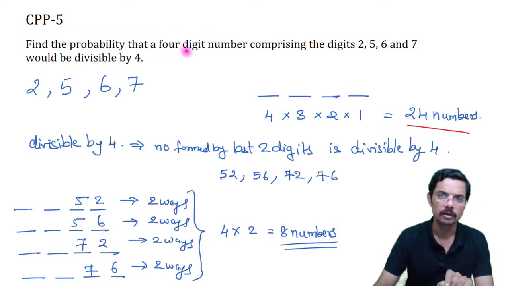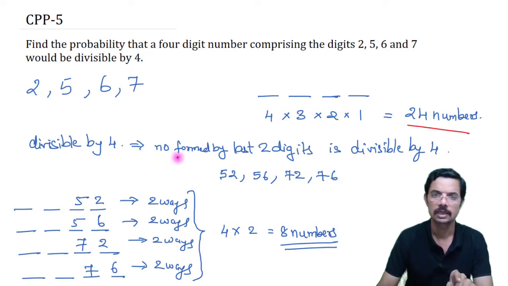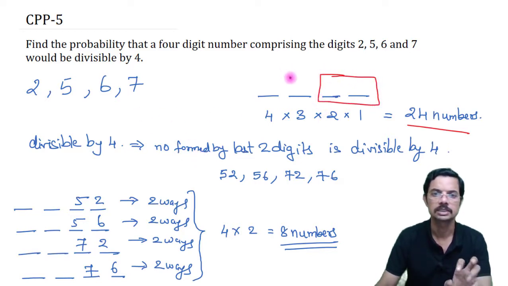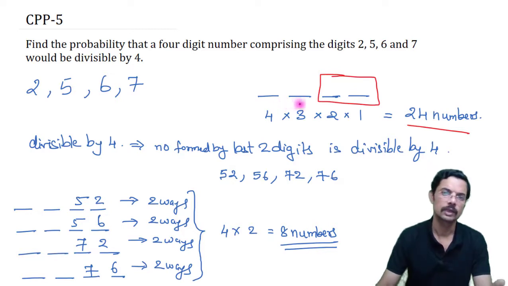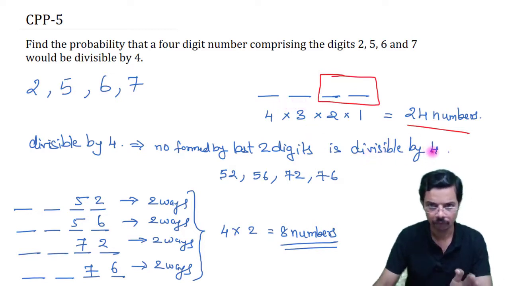Now for the 4-digit number to be divisible by 4, the divisibility test says that the number is divisible by 4 if the number formed by the last 2 digits is divisible by 4. So we can clearly say which are the 2-digit numbers which are divisible by 4 formed by using these 4 digits.